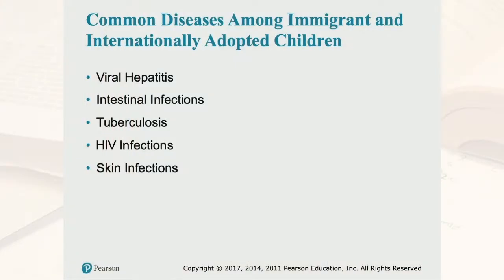Common diseases among immigrants or adopted children, so you could see hepatitis. It depends on where the country is that you're coming from and what the lifestyle is like, how you live. A lot of countries are poverty-ridden. There's a lot of health issues. There's not access to clean water.